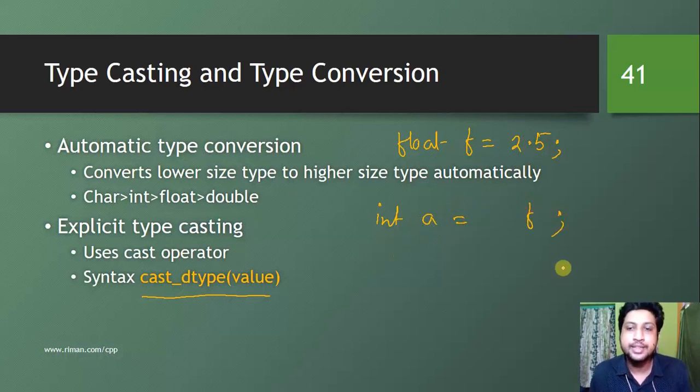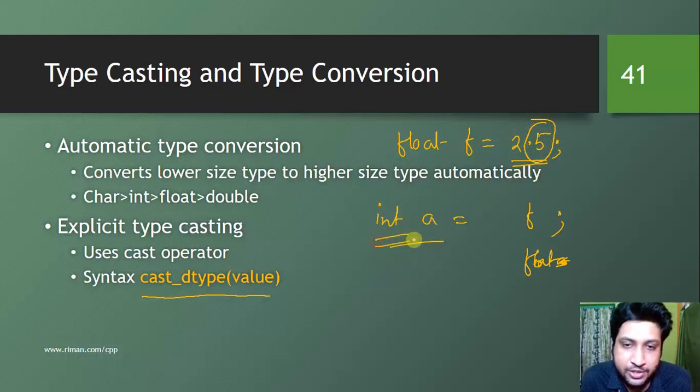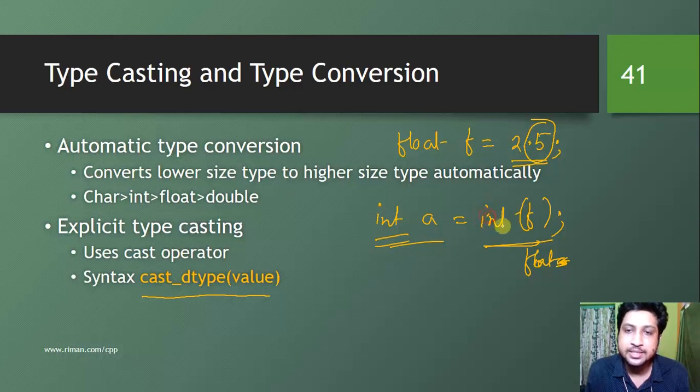In this statement, f is float data that has some precision. Whenever it is converted to an integer, this precision must be dropped. We cannot store precision in an integer type, so we have to manually cast this float value into an integer.